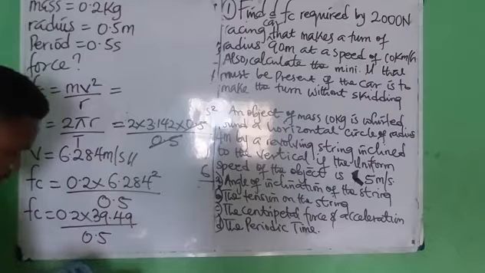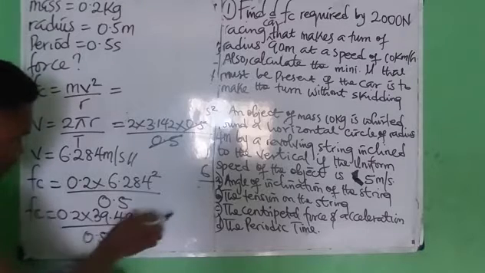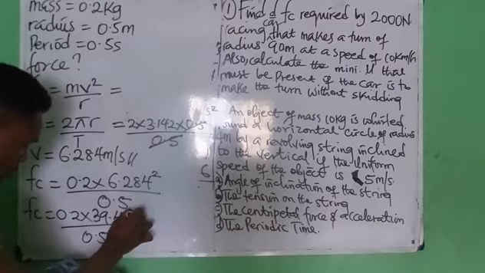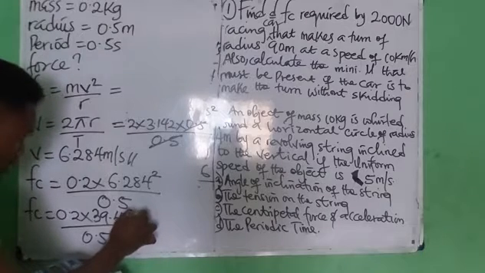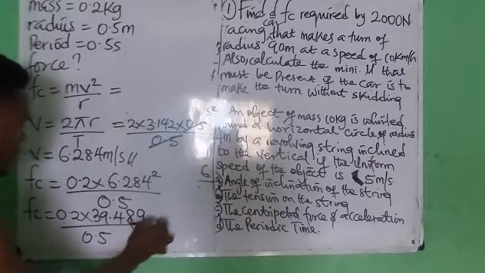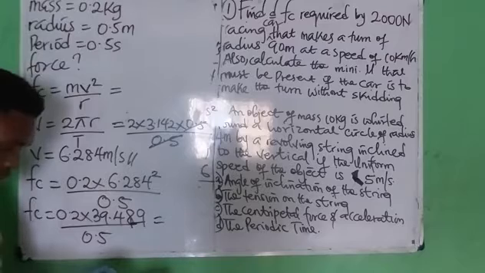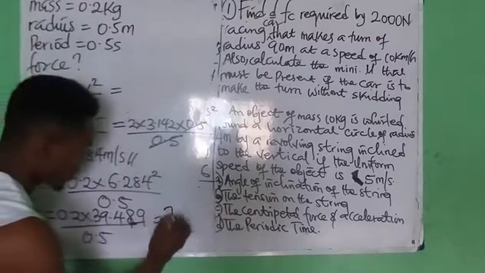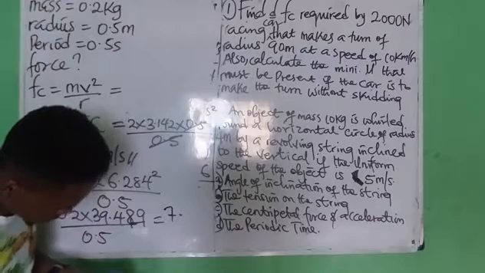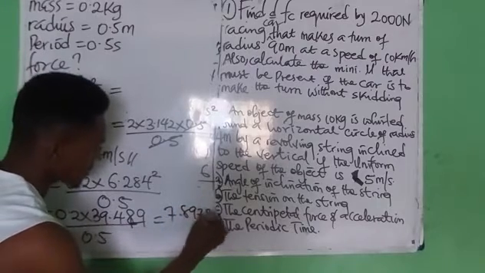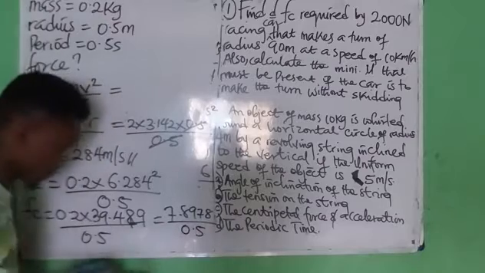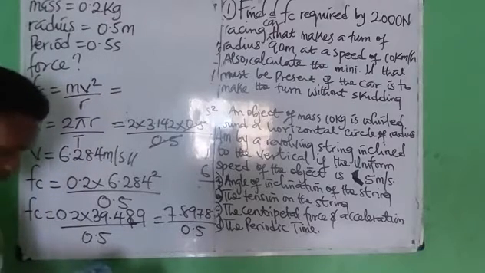Let me make it 3 decimal places, that is better that way. So let's multiply and divide. 0.2 times 39.489 equals 7.898, divided by 0.5.